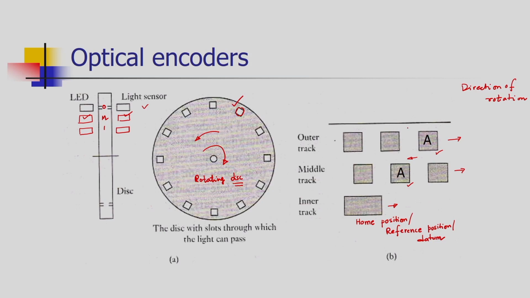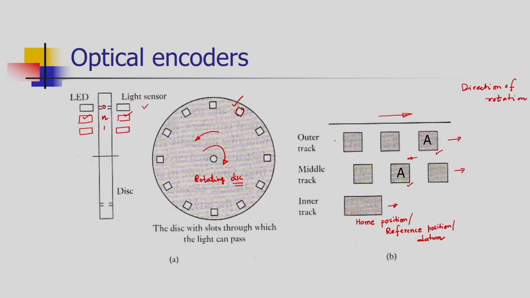So what is happening when the disc is moving, say from left to right? If I consider left to right, in this case it is a clockwise rotation. When the disc is rotating in clockwise direction, the light passing through the A hole of the outer track will generate a pulse of volt at the light sensor first, and the corresponding hole in the middle track will generate the pulse of current or volt due to reception of light after some time.